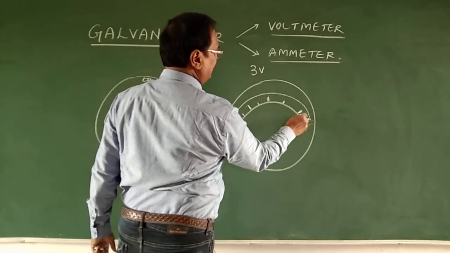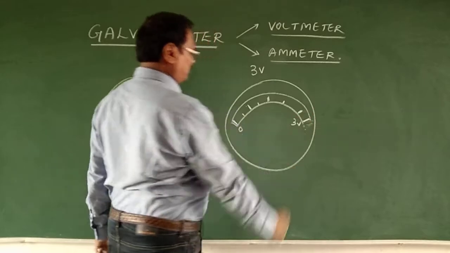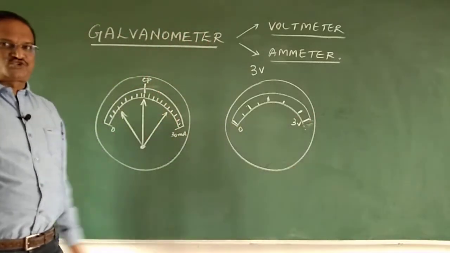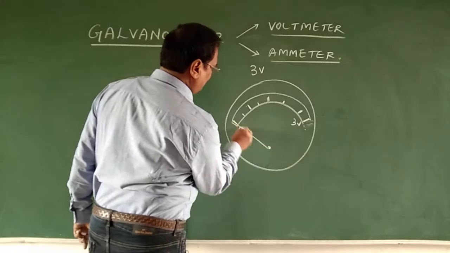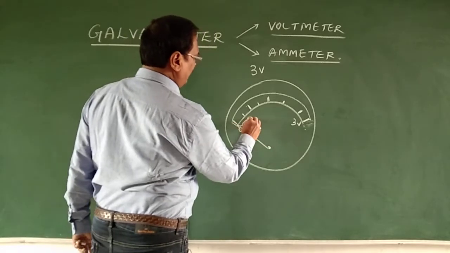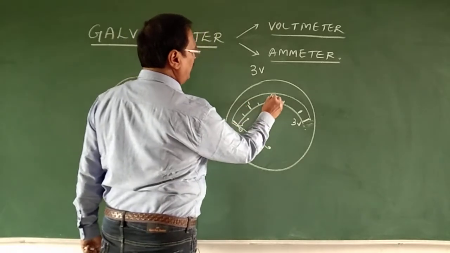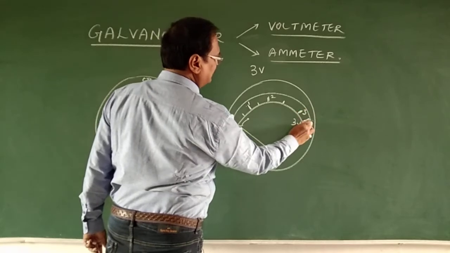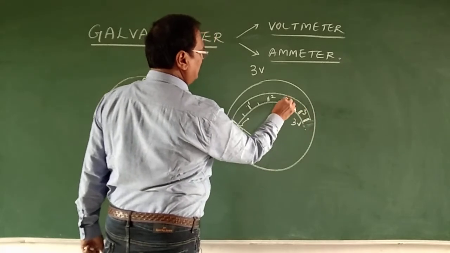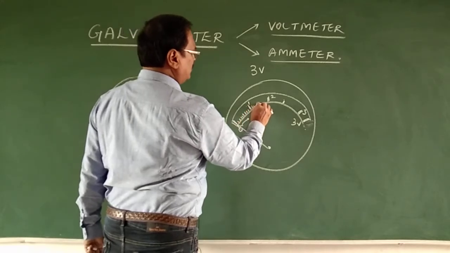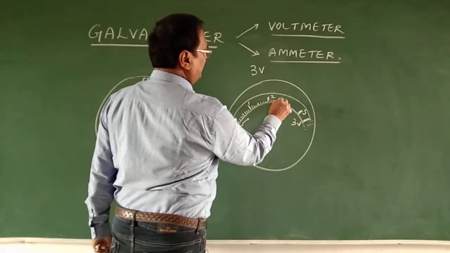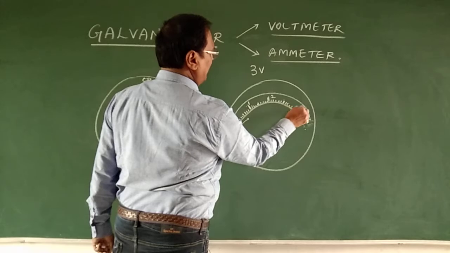So this is 3 volt maximum range. And here you will find that the pointer will be at 0 and the values will increase: 1, 2, and that is going to be 3 volt. You will also find small divisions, and that will help you to find an accurate value.